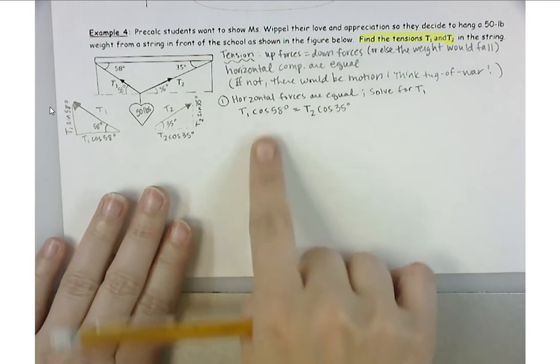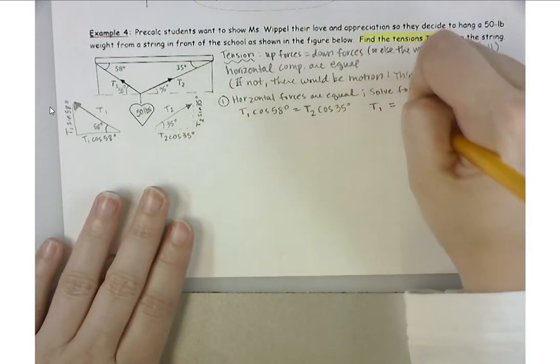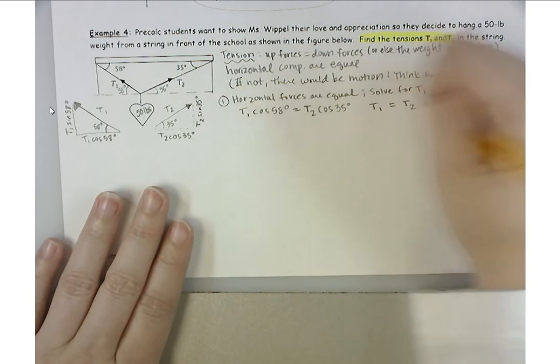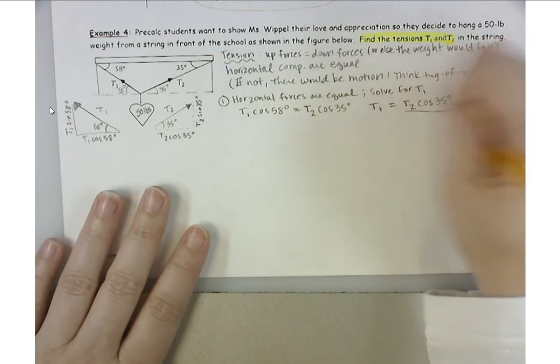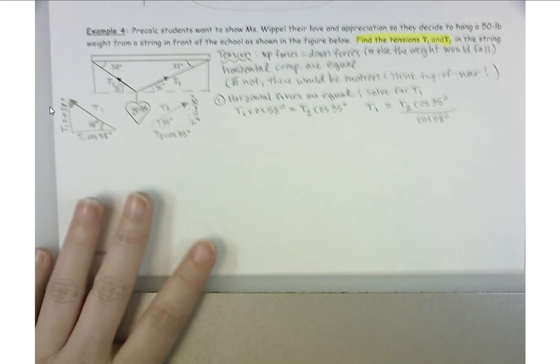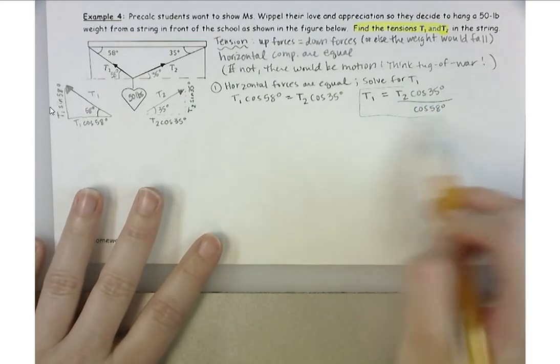Cosine of 58. Okay, so T sub 1 is going to equal T sub 2 times the cosine of 35 degrees divided by the cosine of 58 degrees. You can also write the T sub 2 to the side. That would be fine too.